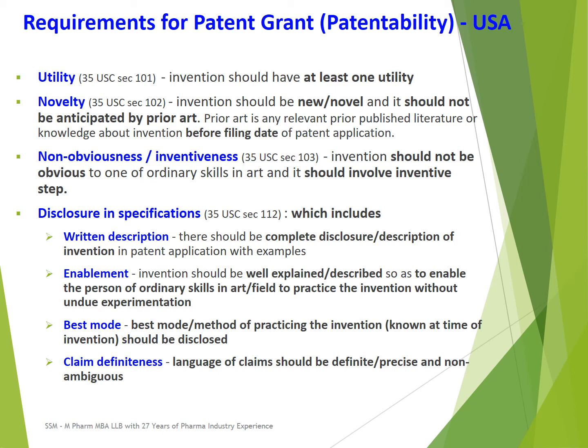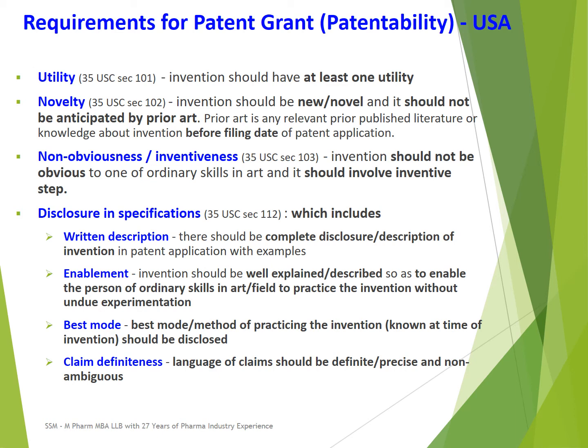So these requirements are important. You need to fulfill all these requirements in order to get the patent. And these requirements are also ground for challenging a patent. Once the patent has been granted, it can be challenged. You can challenge a patent validity on any of these grounds.